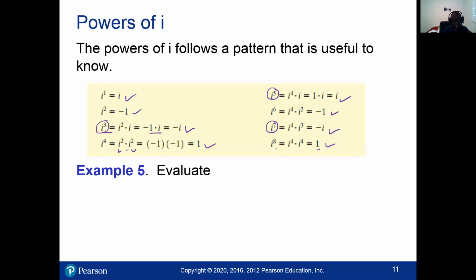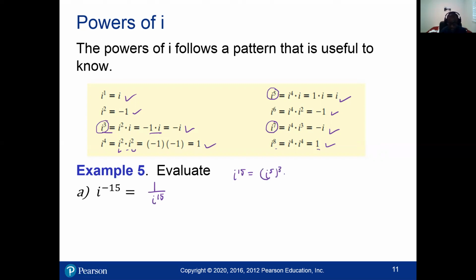Okay. All right. So let's use this to evaluate the following. If I have I raised to negative 15, this is the same as 1 over I raised to 15. Now, notice that I to the 15 is the same as I to the 3rd.